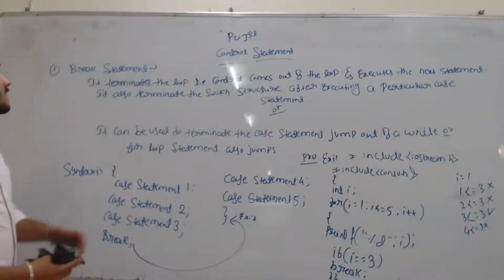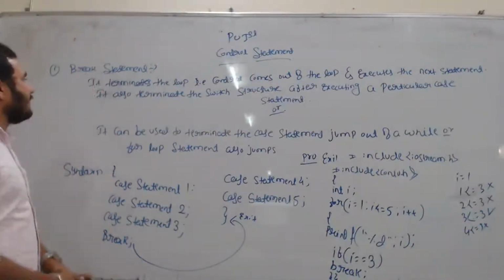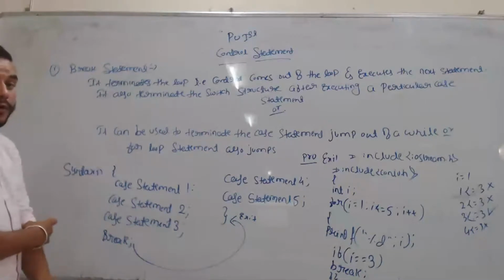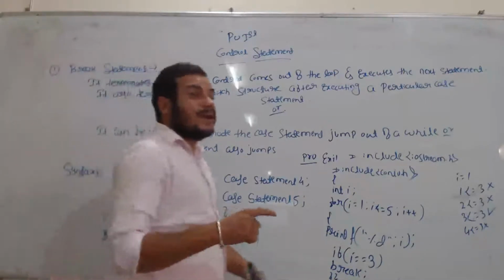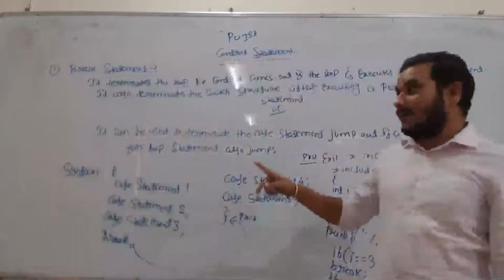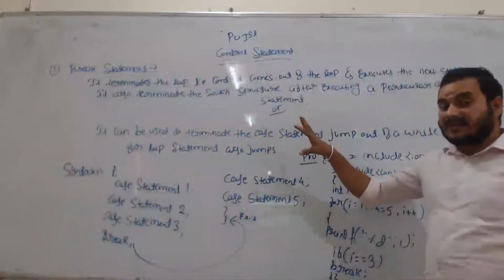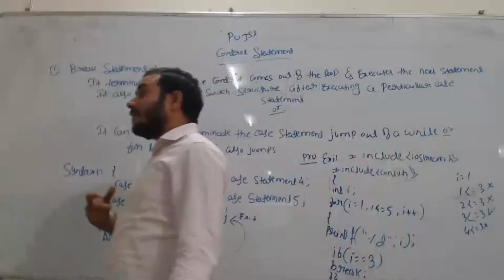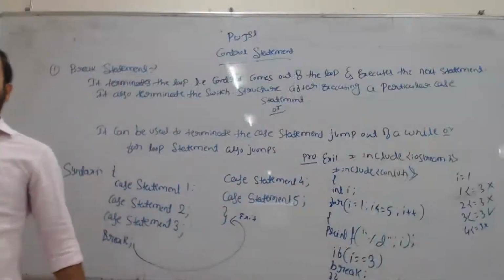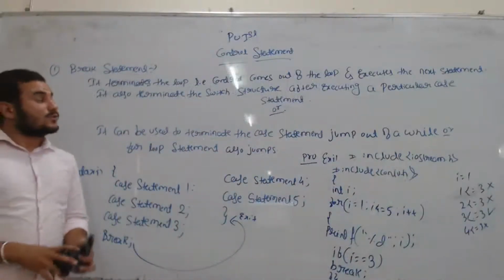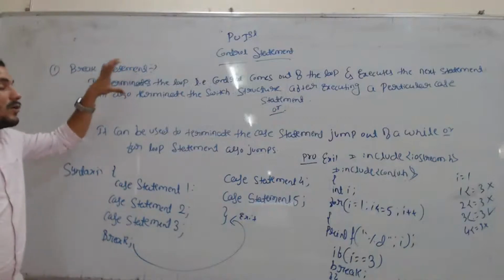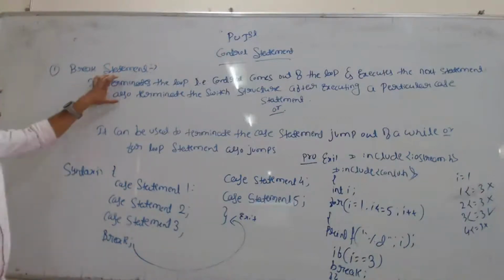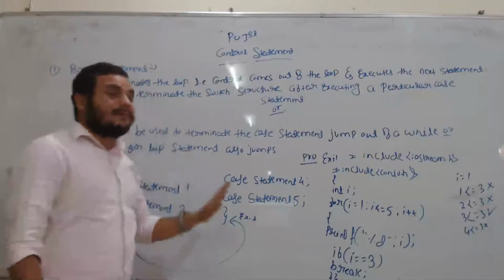One more time, the break statement terminates the loop. If you understand break, you can understand the remaining statements. If you understand the break statement, you can understand how we can apply the goto statement and the exit statement. All the statements depend upon the break statement.